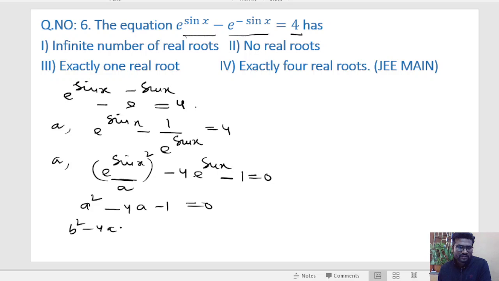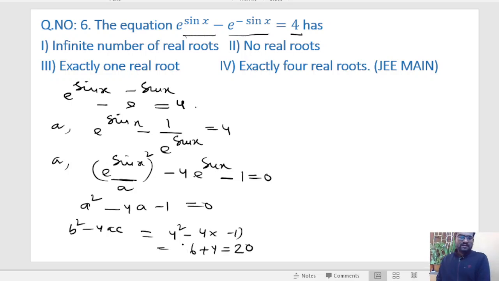So what value comes? b square is 4 square, minus 4 times 1 times minus 1: 16 plus 4, 20.